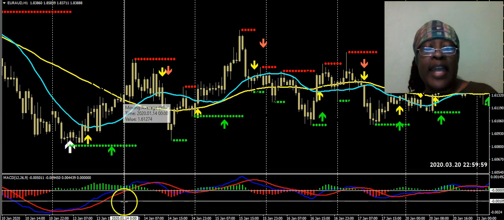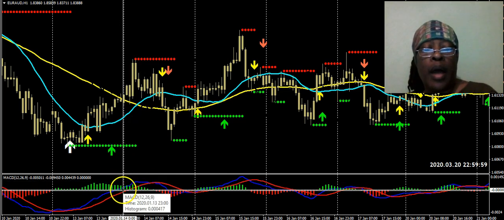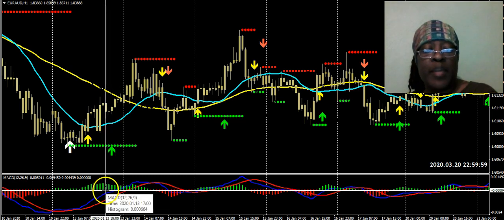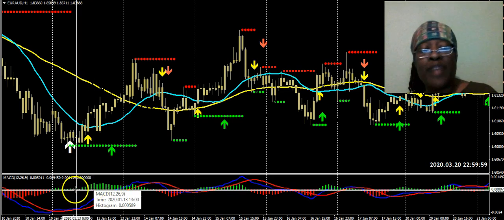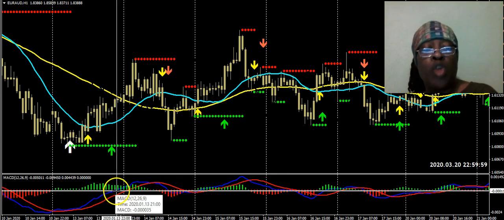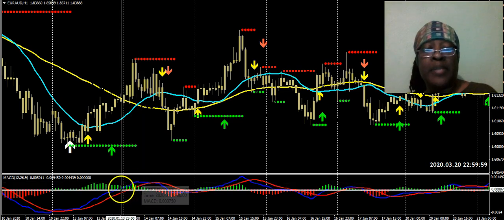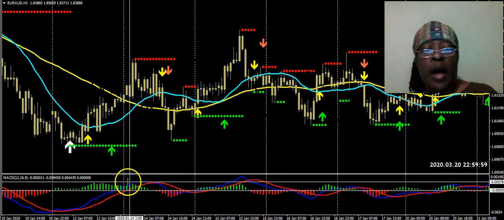If the MACD is either above the 0-0 line, the midsection that separates the top from the bottom, or the bulls from the bears, or the buys from the sells, either way you want to look at it, if it's above that or it's going through the 0-0, that is a strong buy to the upside.